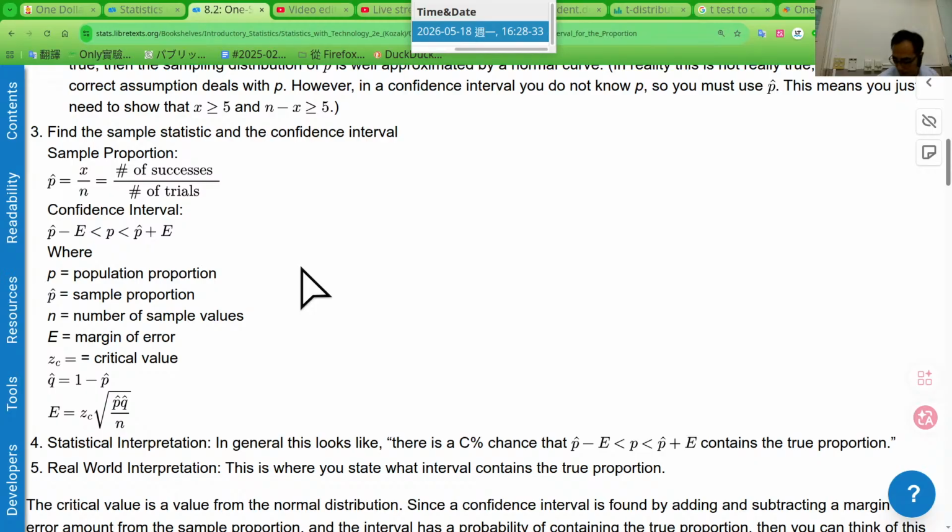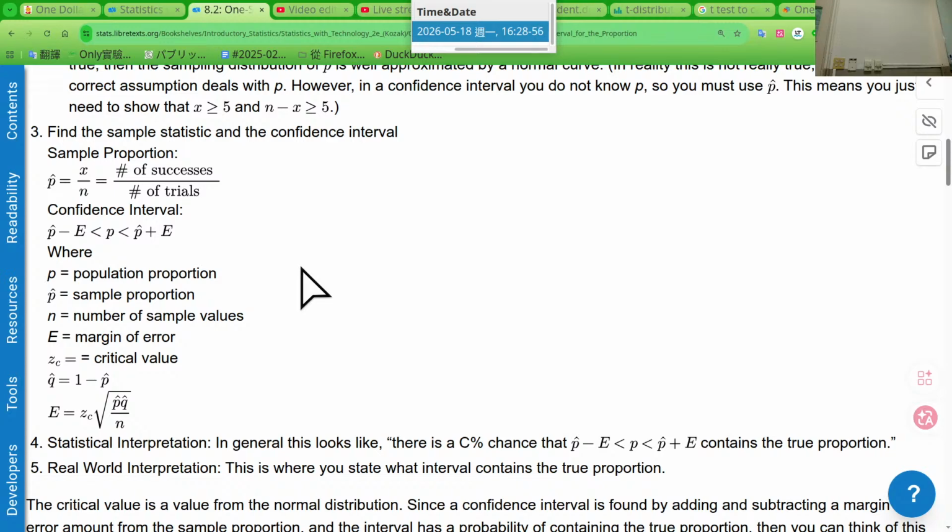Again, p is a proportion from the population. The population may be thousands of people, and it's impossible to get the proportion. Thus, we select maybe 30, 40, or 100 samples to measure the value.